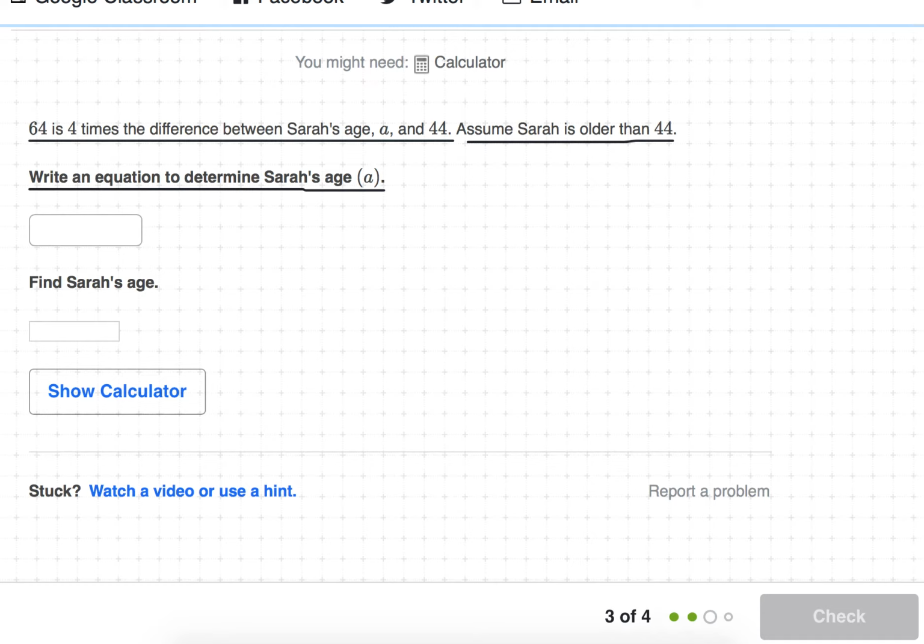Okay, so here we're going to take it piece by piece. 64 equals 4 times something. 4 times what? The difference between Sarah's age, A, and 44.